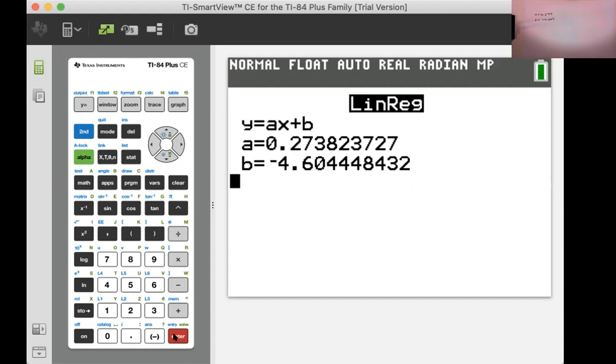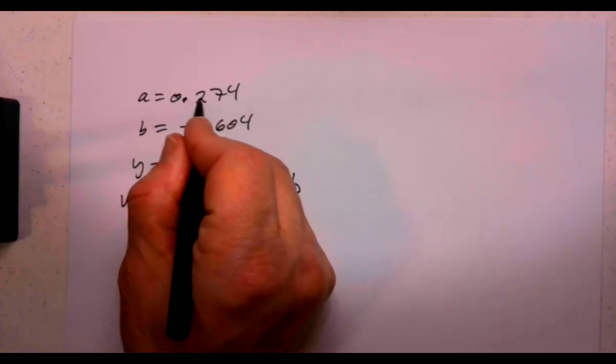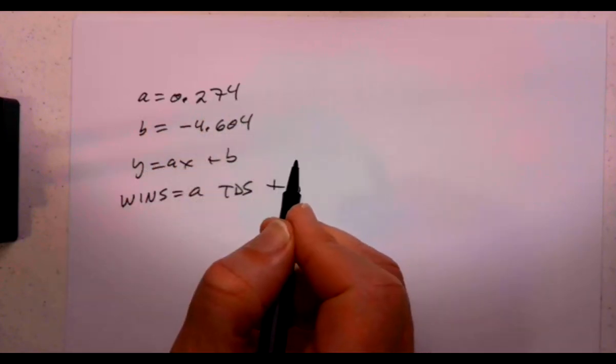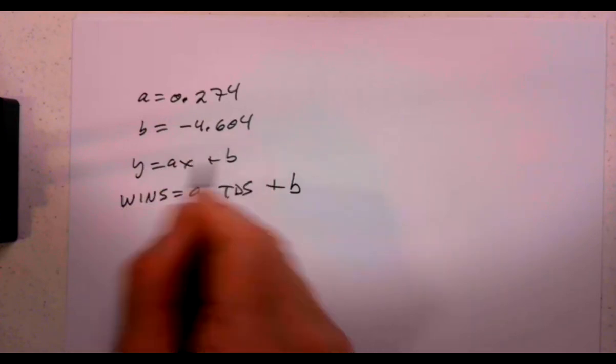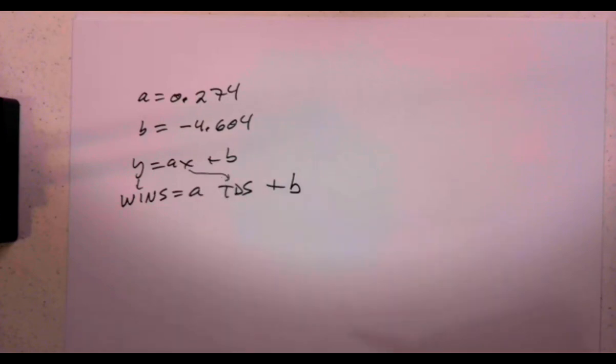So that's AX plus B. Remember, Y was wins equals A times touchdowns plus B. So this is what we have, right? Again, from the calculator, A is 0.274, B is negative 4.604. Y is AX plus B, but Y corresponded to wins, X corresponded to touchdowns.